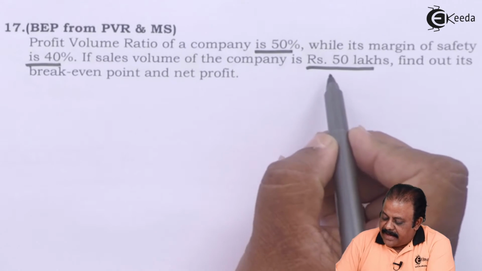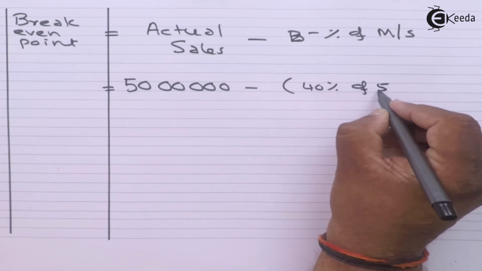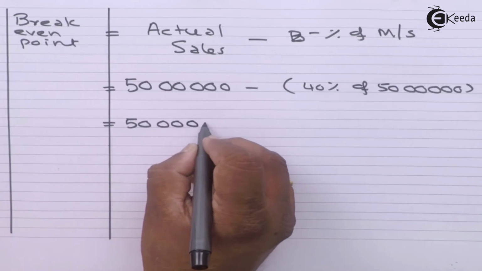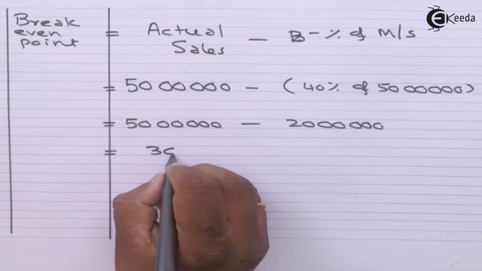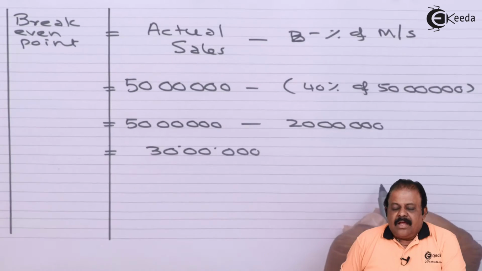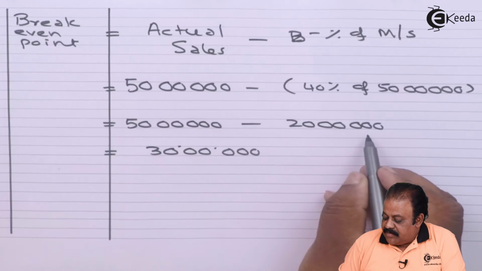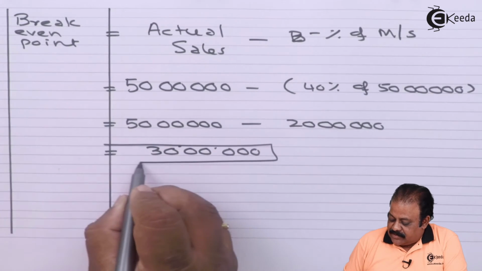This 40% will be calculated on this 50 lakhs. Actual sales 50 lakhs minus percentage of margin of safety, that is 20 lakhs. We got here break-even point 30 lakhs.